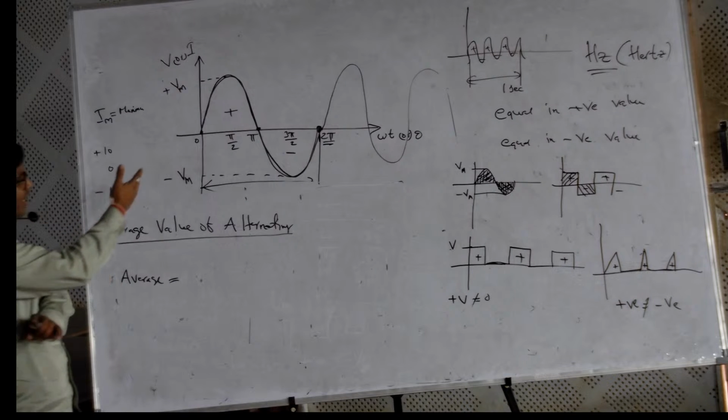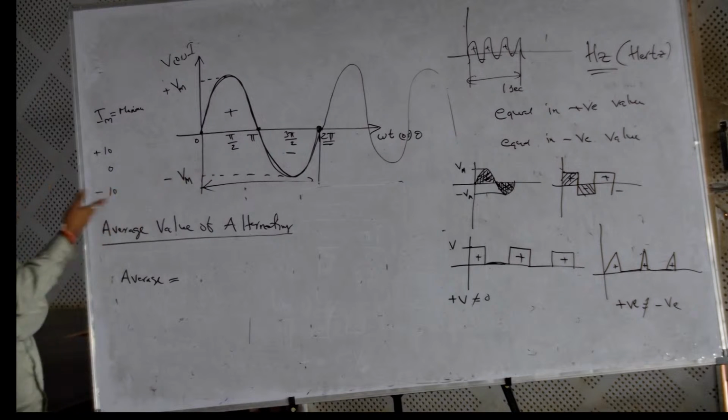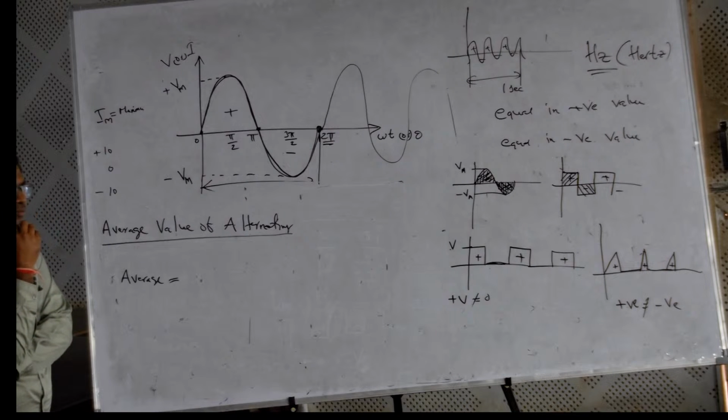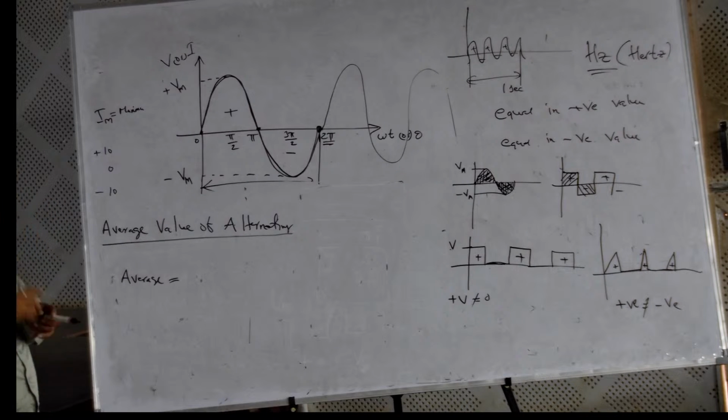And now see, what is the average value here for a sine wave? By applying that formula, you tell me. 0 by anything is 0. Okay, right.